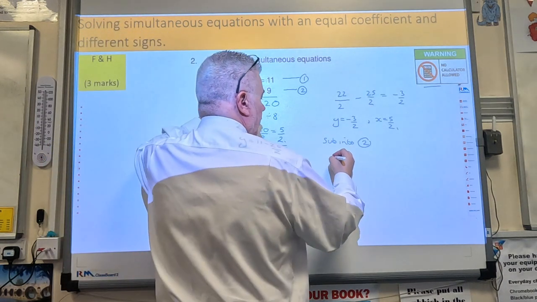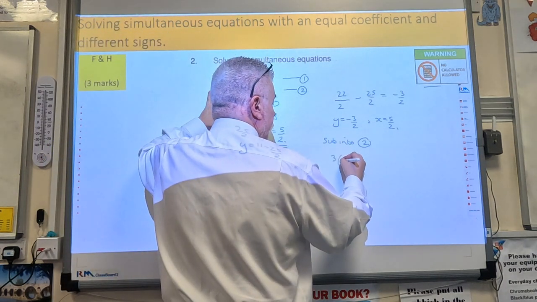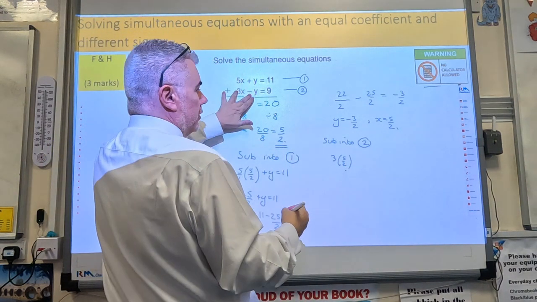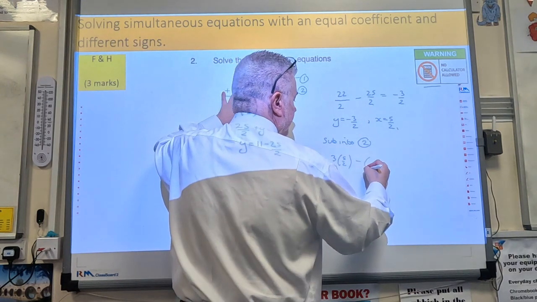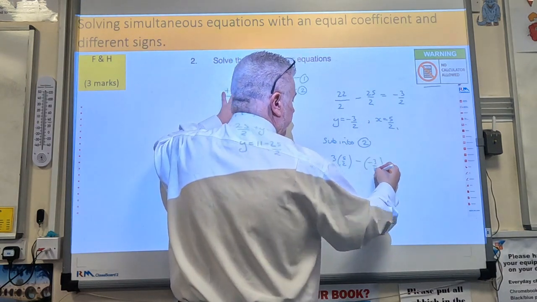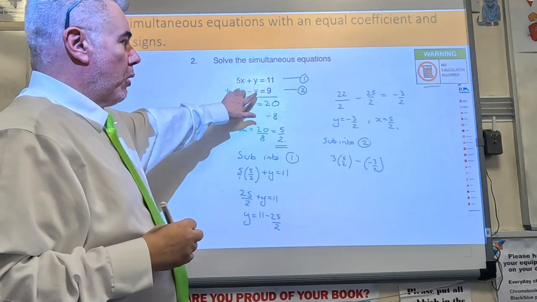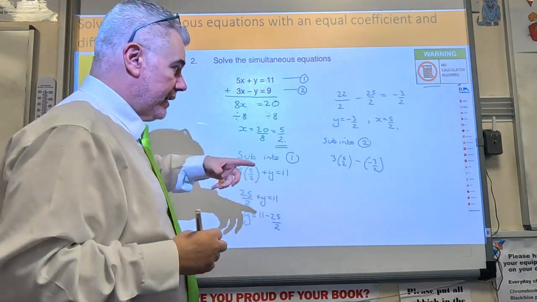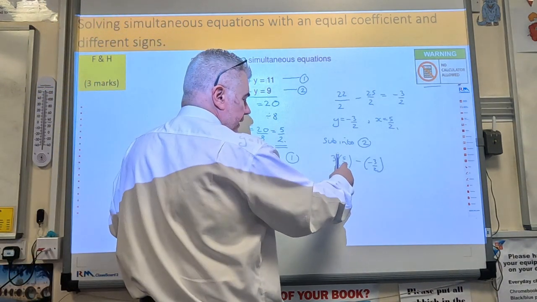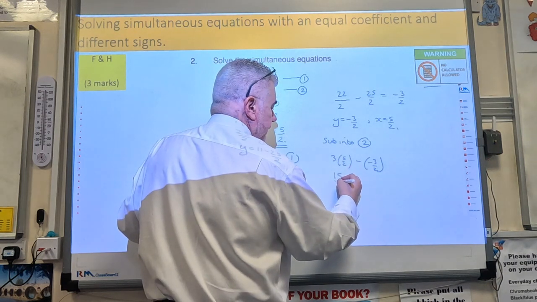Substitute into 2. 3 lots of 5 over 2. Subtract negative 3 over 2. And I need to work out what that is. I'm hoping it's going to give me 9. If it's not 9, I've definitely gone wrong. 3 lots of 5 over 2, 15 over 2.